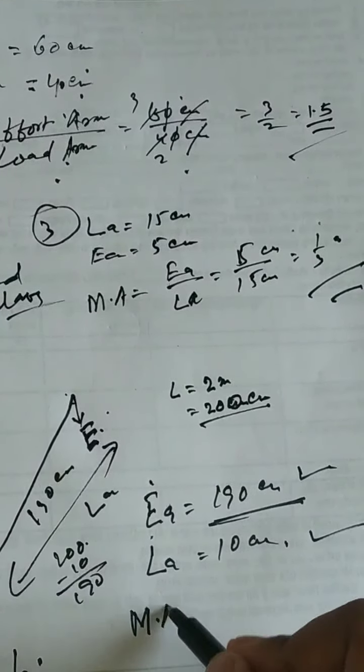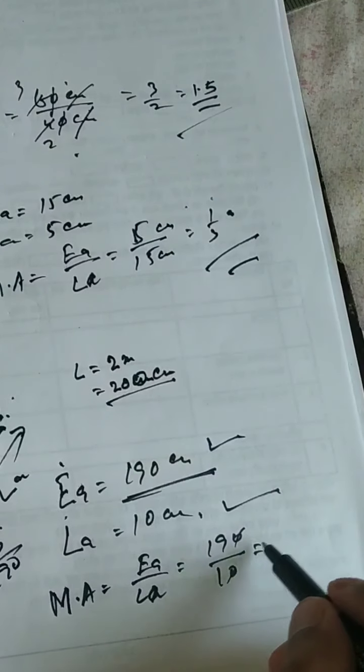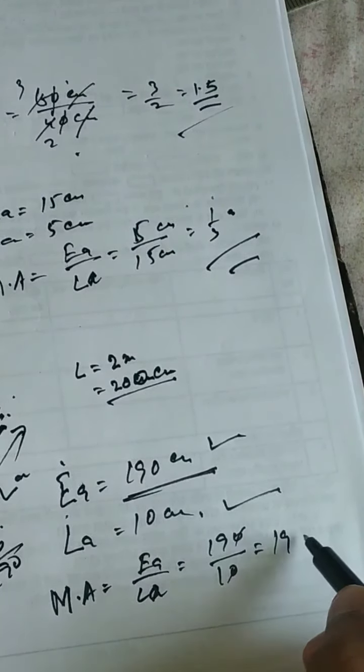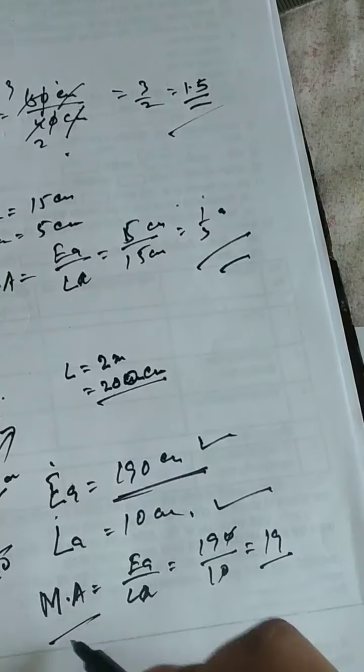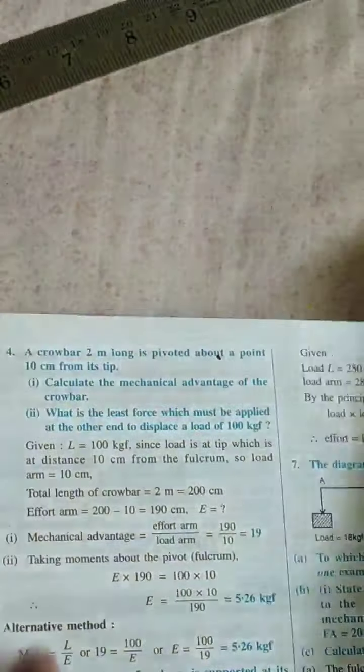Effort arm is 190 and load arm is 10. Centimeter cancels, so 19 is the mechanical advantage of the crowbar. Clear?